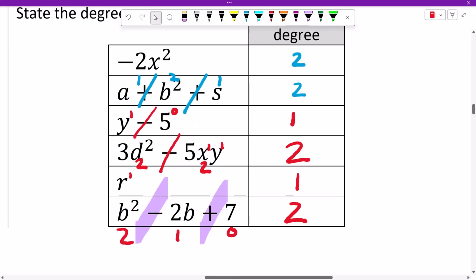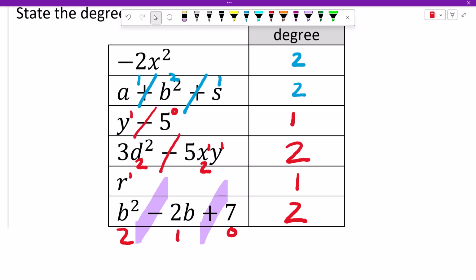So the hard part of this chapter is keeping all of these things straight in your mind. And there's a couple more words I'm going to throw at you. One of them might be the word coefficient.